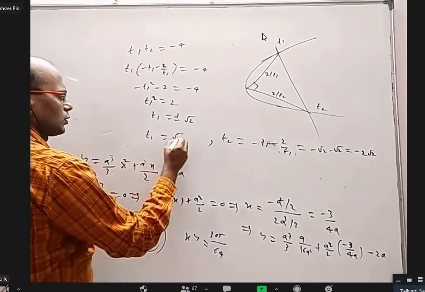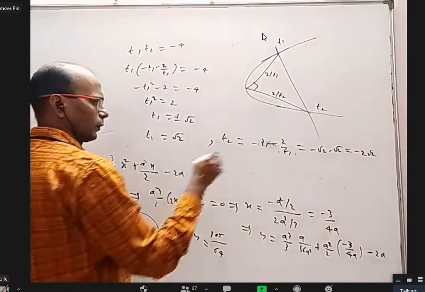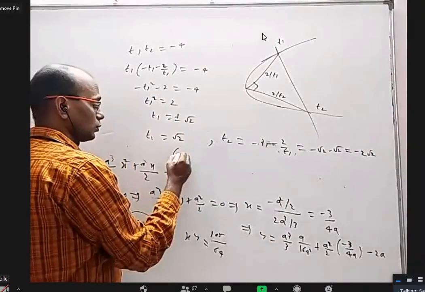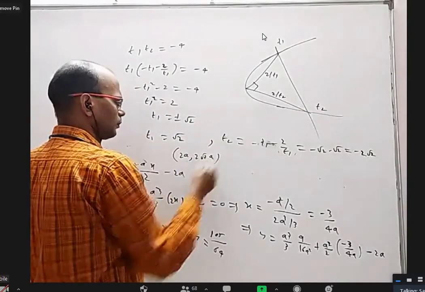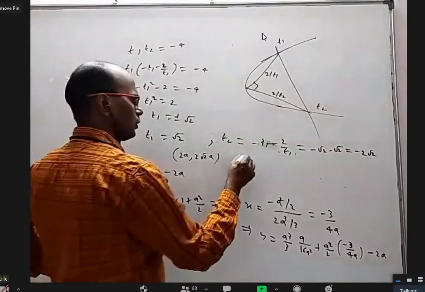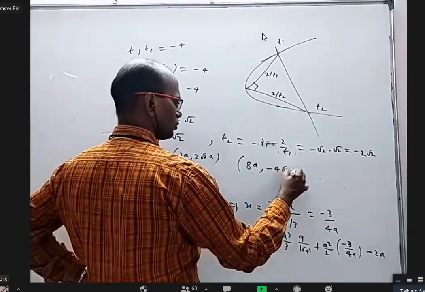Now, what is it that we want? The distance. So root 2, this is 2a comma, it becomes 2a, 2 root 2a. And this is 8a comma minus 4 root 2a.